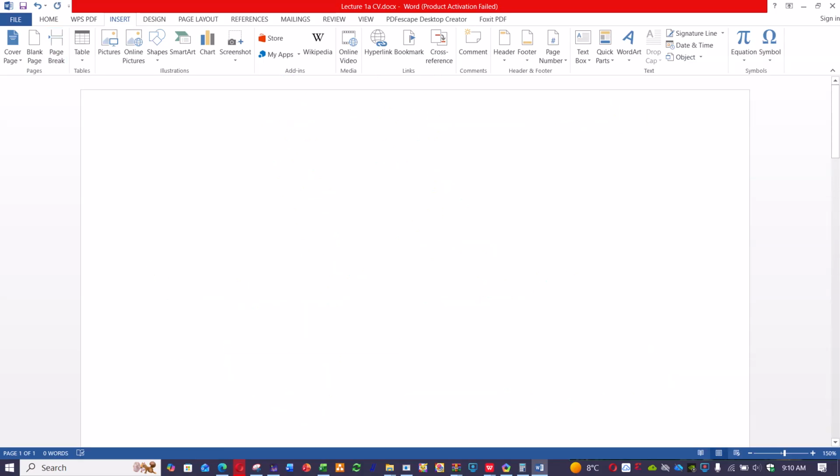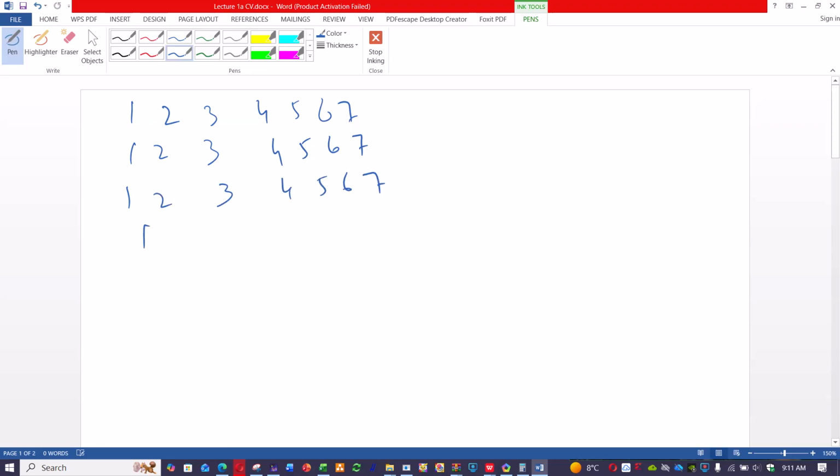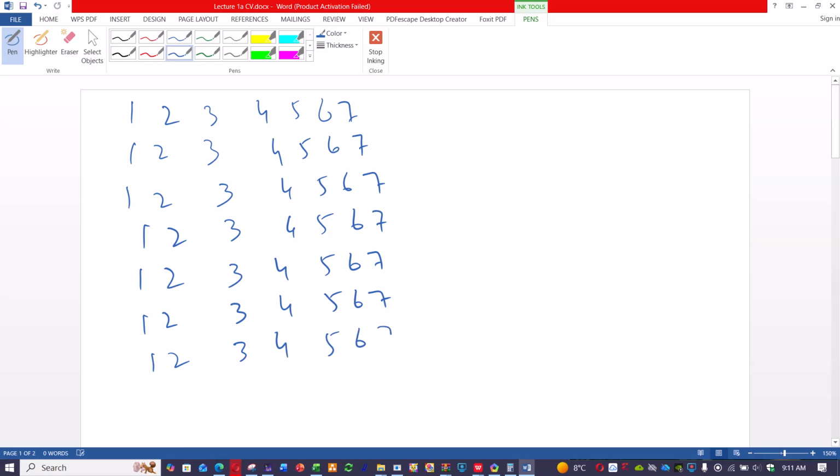Let us consider that our input image looks something like 5, 6, 7, 1, 2, 3, 4, 5, 6, 7, 1, 2, 3, 4, 5, 6, 7, 3, 4, 5, 6, 7, and so on, and basically we are looking at the 3 by 7.